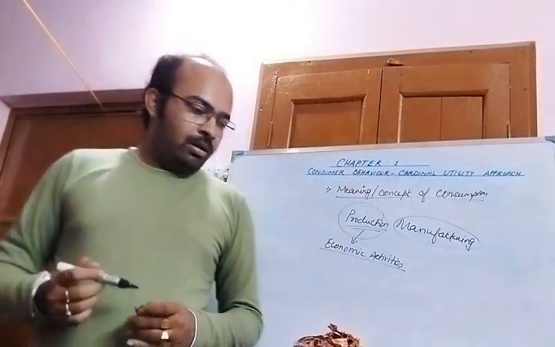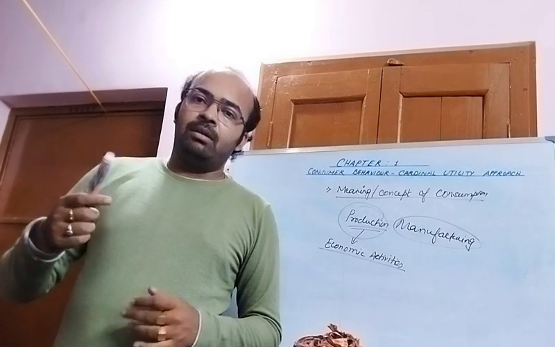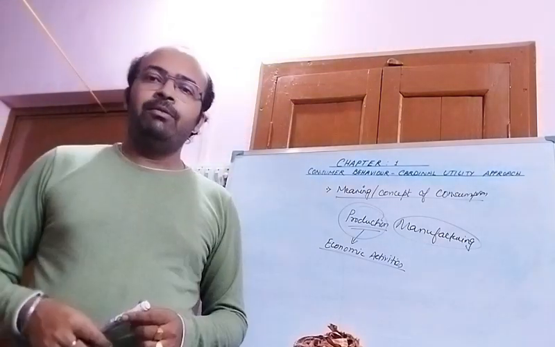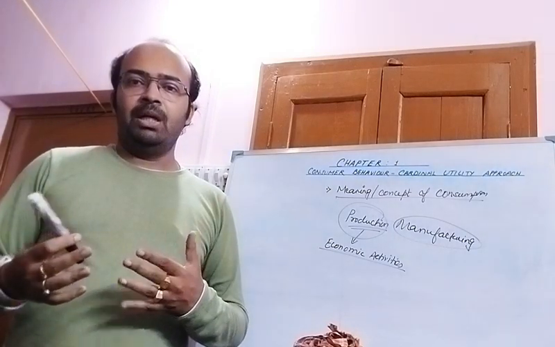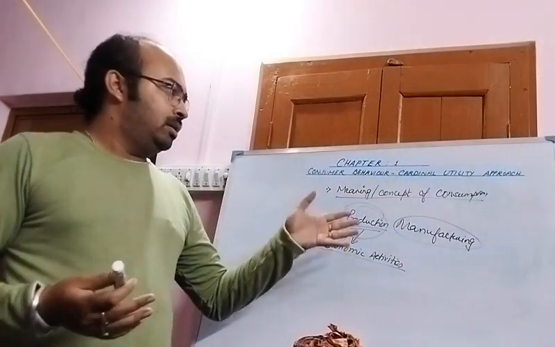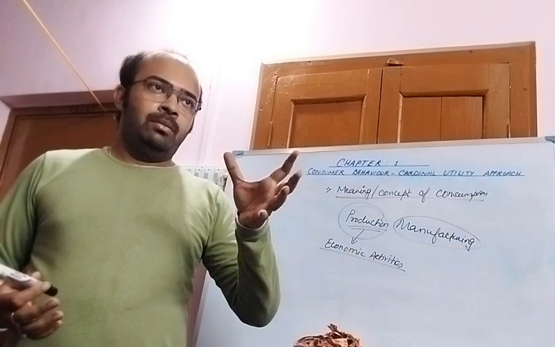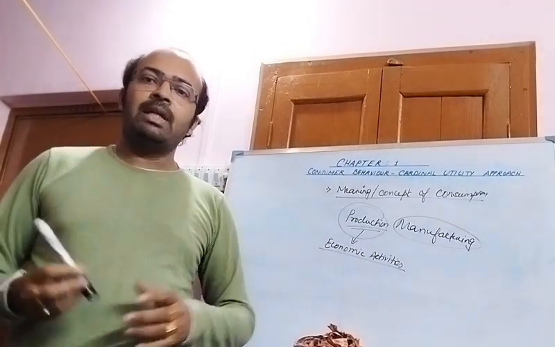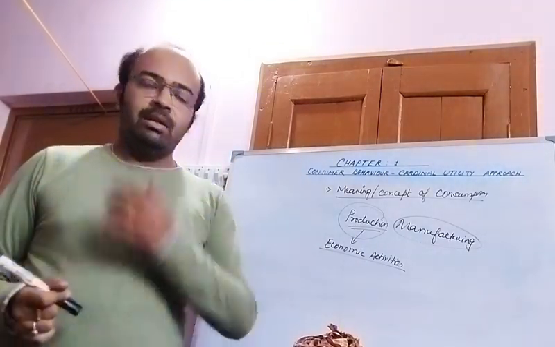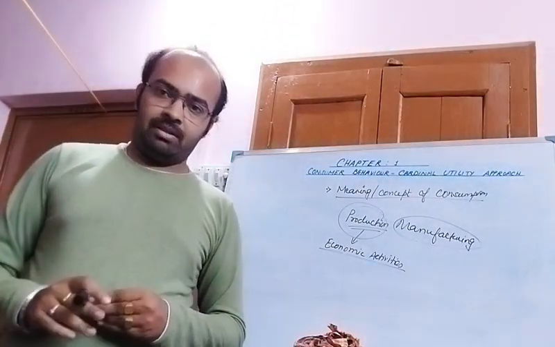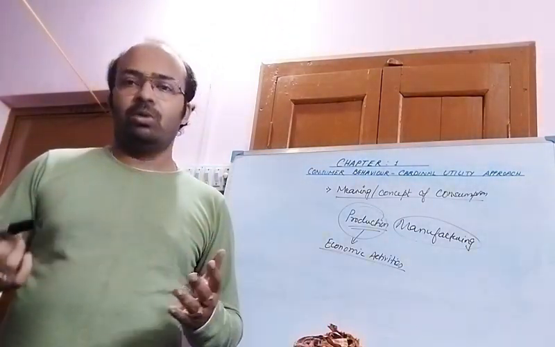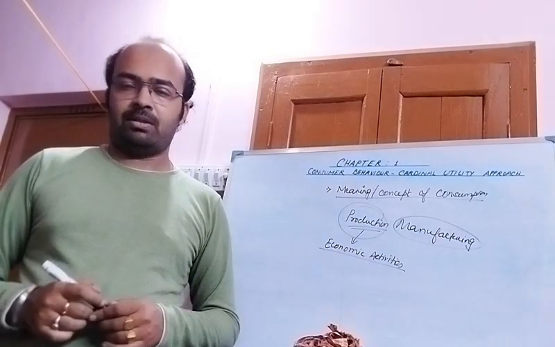So see how we define the quality of standard of living of the people. The quality of standard of living of people can be determined by the nature and the quality of the goods that they use. For example, nowadays the high society people, what do they purchase? They purchase branded clothes, branded products.